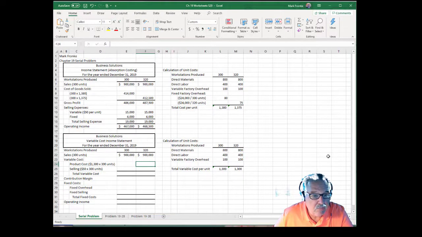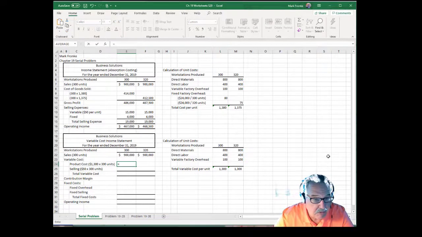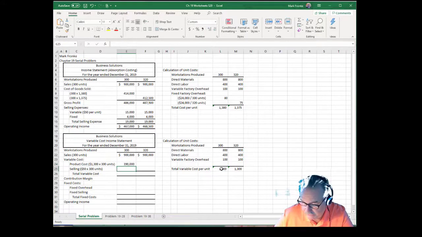But now, because we are recategorizing the expenses into their behavioral categories, variable cost up above, so our product cost is going to be the 300 units times 1,300. I can link it over here to my subschedule, which is 390,000.